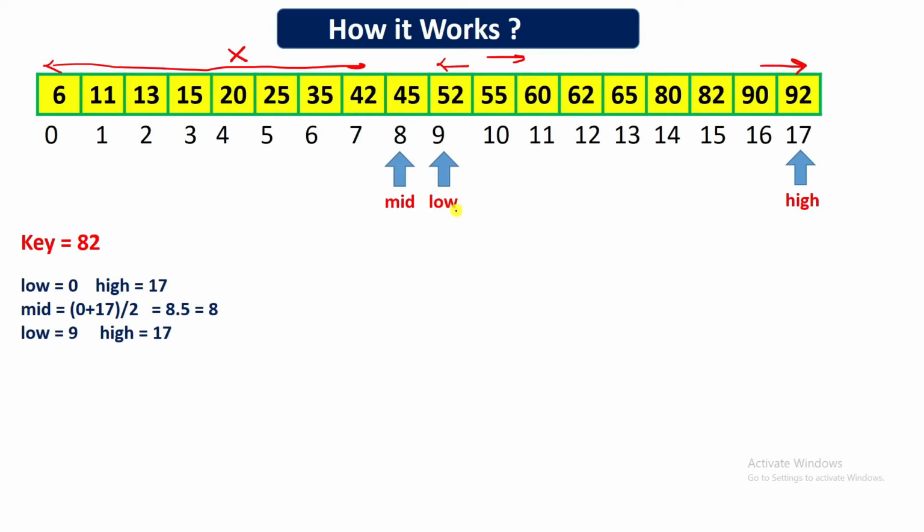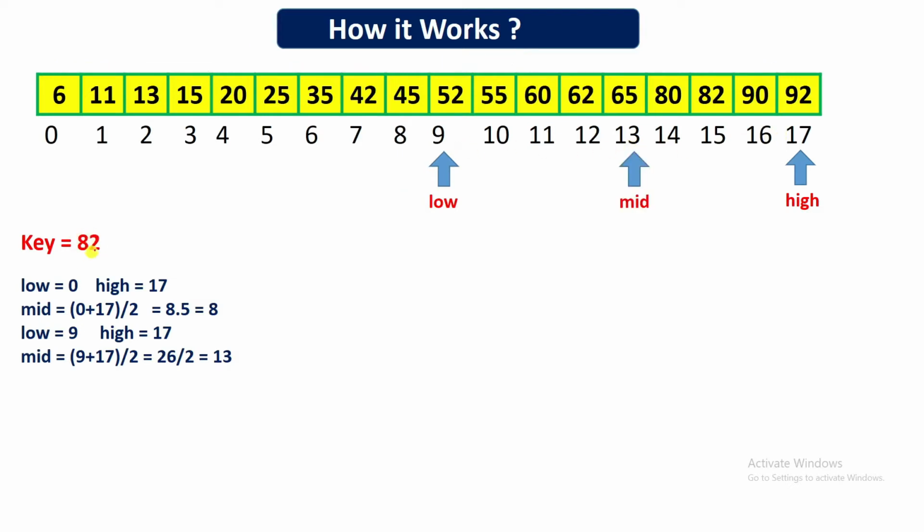Now again you find the midpoint of low and high. 9 plus 17 by 2 gives 26 by 2, that is 13, right? So this 13 is my new midpoint in this range. Now you check whether 82 is equal to this mid element, that is 65. You will say no. Now which side should I move, to the right side of 65 or to the left side of 65?